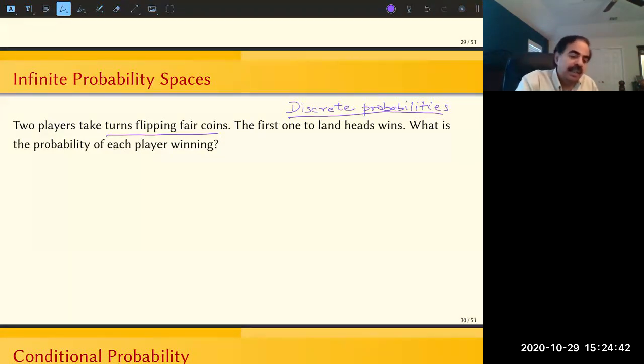So we can draw the tree diagram again, right? So again, the very first action is by player one, right? And it could be heads with probability half, and it could be tails again with probability half, right?